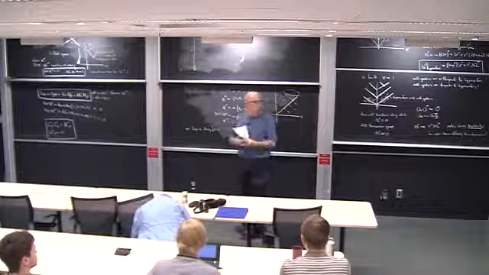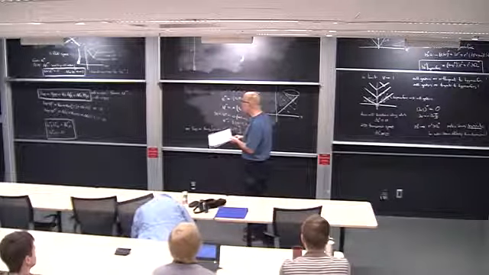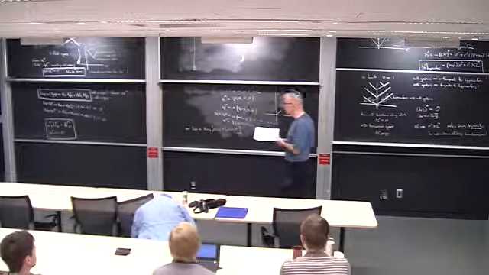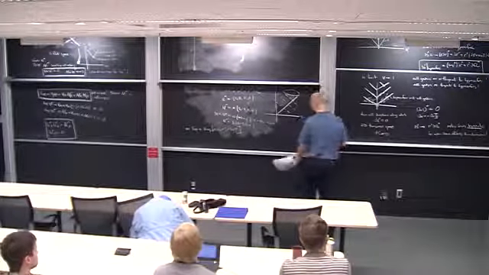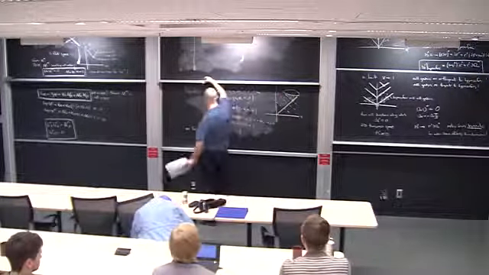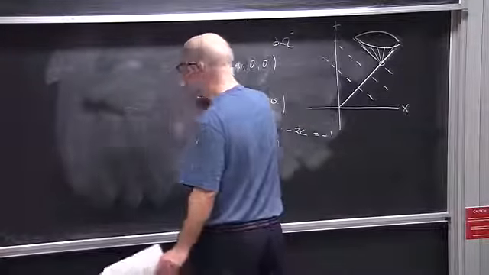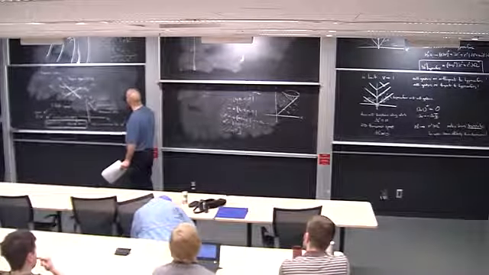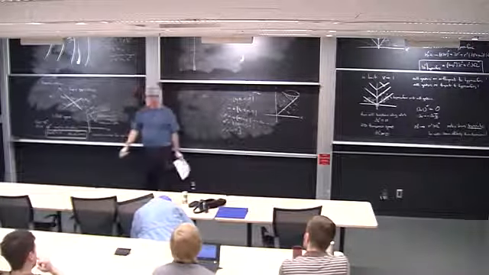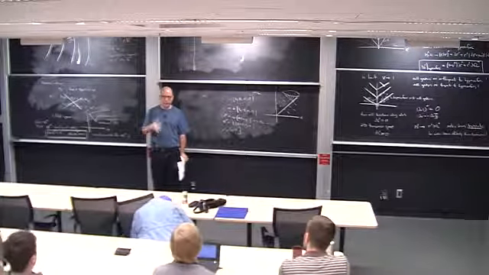Okay, so I'll just spend the next 10 minutes going back to what we had learned before and adapting it to the null case. Because we start from exactly the same point, this construction up here, a lot of what we did in the timelike case just carries over directly.